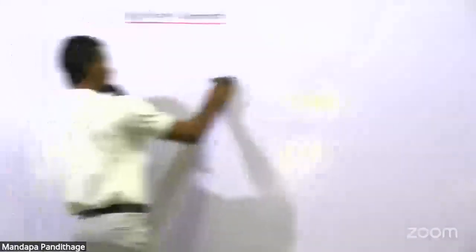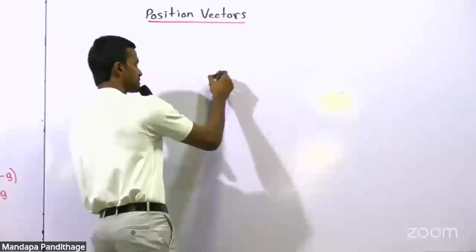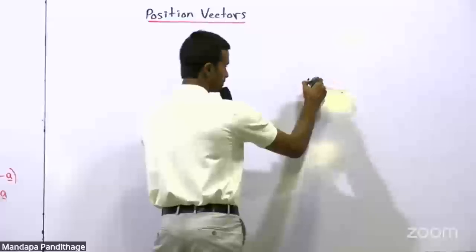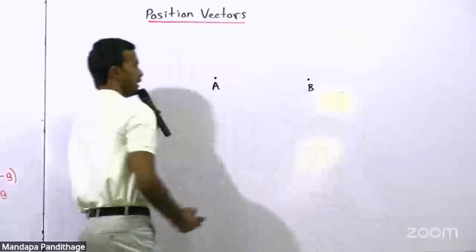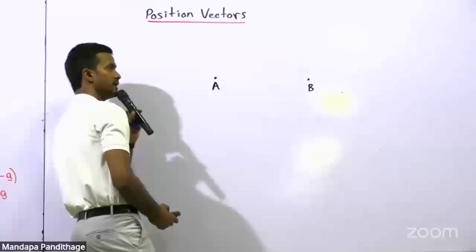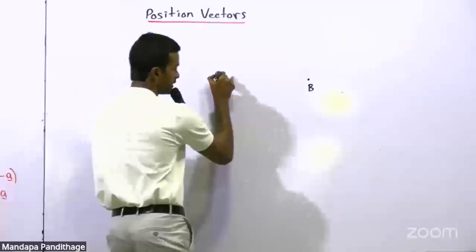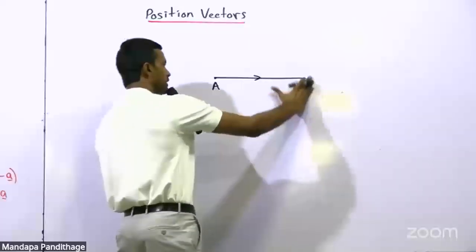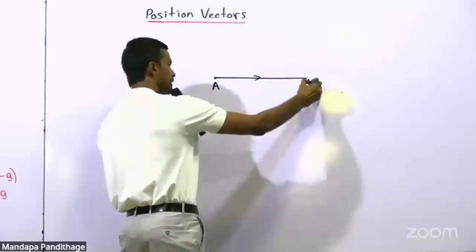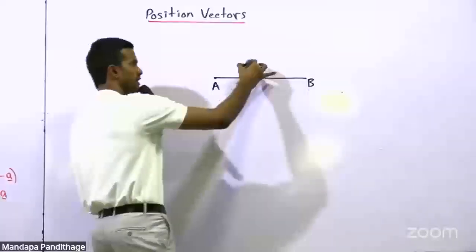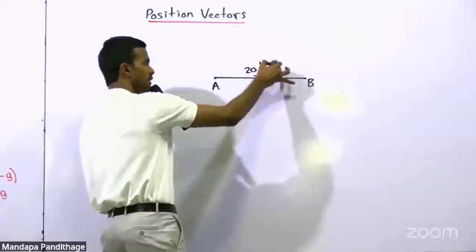So what is a position vector? Now let's say here we have this point A and here we have B. If I take this vector in this direction, it gives me an idea about the position of B with respect to A. Let's say that this vector has a magnitude of 20 kilometers.